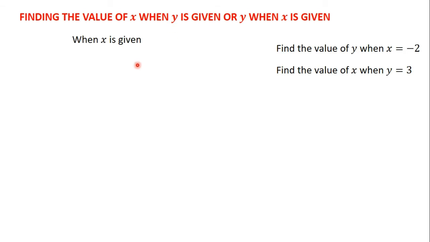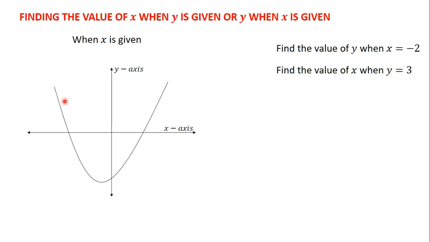Let's begin by learning how to find y when x is given. So let's assume that this is the graph of the quadratic function, and we have been given a certain value of x. How do we use the graph to find the value of y? When you are given a value of x and you want to find the value of y, what you do is that you locate the x value on the x-axis.